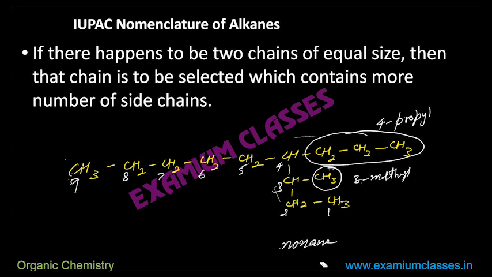But when I write, I need to follow the alphabetical order. Alphabetical order means M will be written first and then P. So I will write 3-methyl first, and then I will write 4-propyl. After that, the root, that will be the complete name.